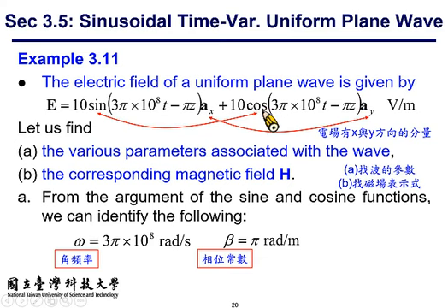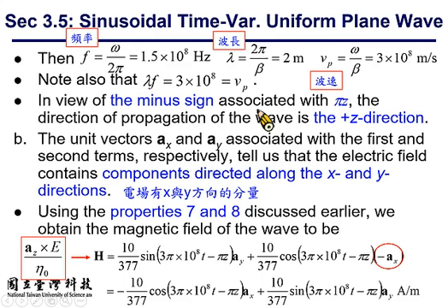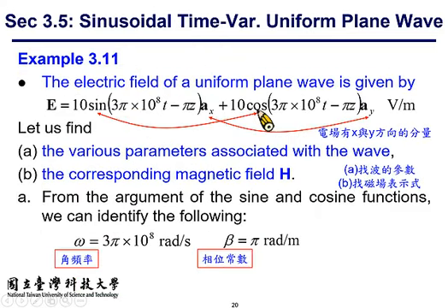What is the difference between sine and cosine function? They are not that different, right? Sine and cosine function can be regarded as the same function with only a phase difference. How much is the phase difference? 90 degrees, right? So sine and cosine is just only a 90-degree phase difference.